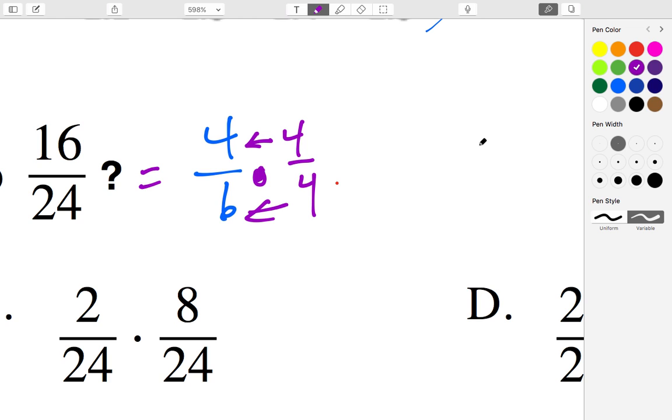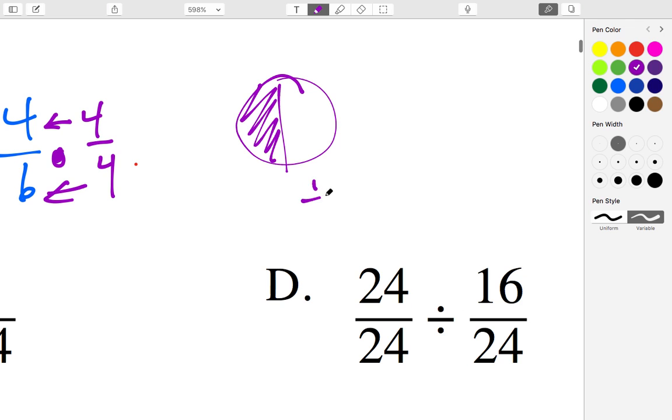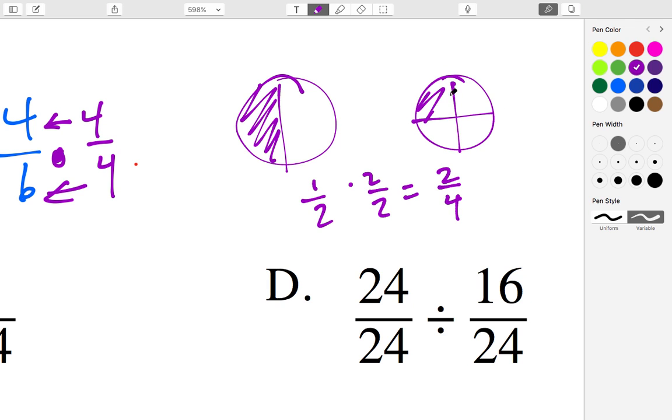You remember that? So it's basically like if I had a pizza here and I have 1/2 and shade this in. I could also have, if I multiply by 2 and 2, this would be 2 over 4. And the pizza slice would just have more cuts to it, but it would still be the same amount shaded.